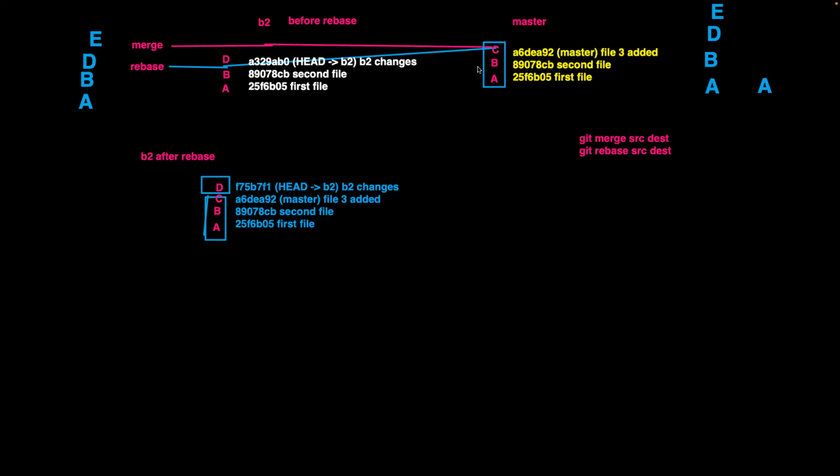So after rebase, it would be A, B, C, D, and E, right? Correct. So will the D and E commit IDs be changed in the destination, or will they be the same? The IDs will change.